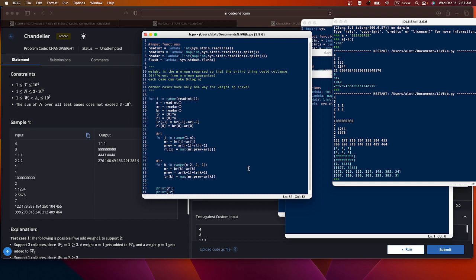MR is the minimum required. We set RL to be BRAR0. Yeah, so then we'd need 276.